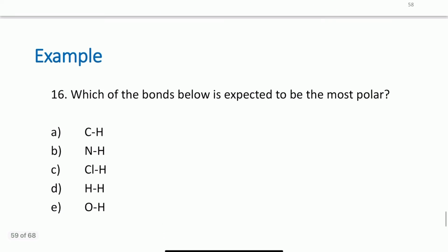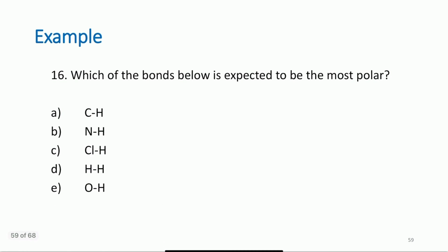Which of the bonds below is expected to be the most polar? Well, they're all bonded to hydrogen. So what I'm looking for here is how electronegative this is compared to hydrogen. Since they're all comparing to hydrogen, then I can just say how electronegative are they to each other. This is pure covalent.